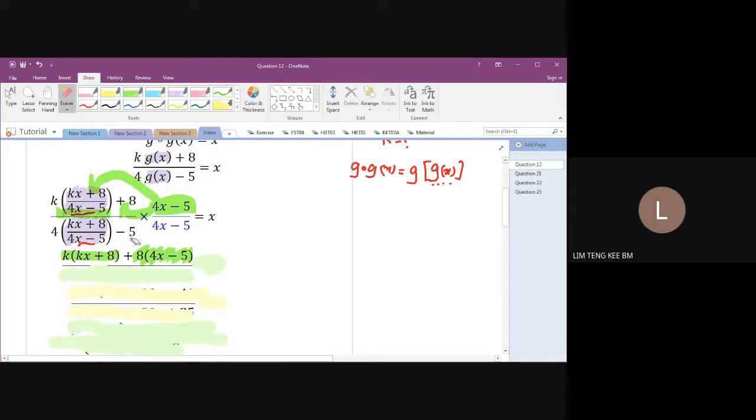Using a similar idea for the denominator, this is what we have: 4 times (kx plus 8) minus 5 times (4x minus 5). So, by having 4x minus 5 at the bottom, multiplying on these two terms, we get the result as follows. And don't forget, according to the question, they equal x.